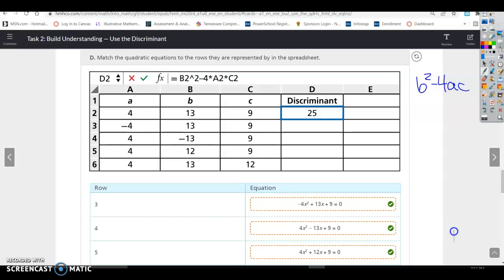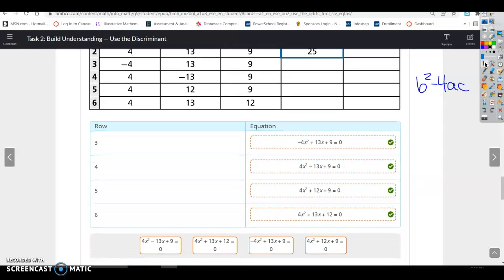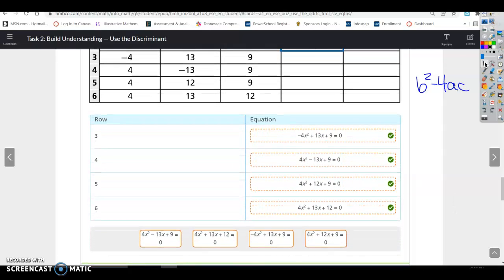So if we're going to use the discriminant to find D3 through D6, we're going to use the A, B, and C in each one given. Let's do D3 first.